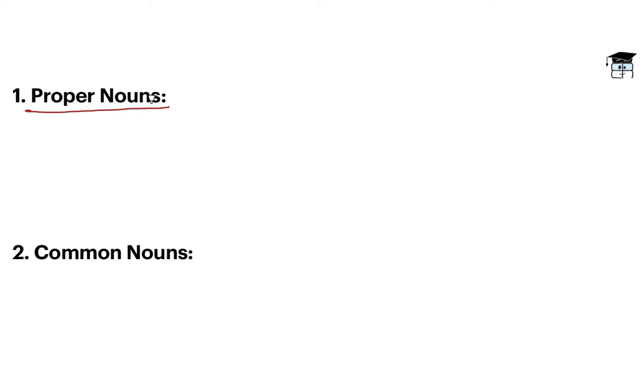Okay, now what are proper nouns? Those nouns that provide a description of the people, places, ideas and objects that we discussed before are known as proper nouns. Now let us take an example of these nouns to understand better.